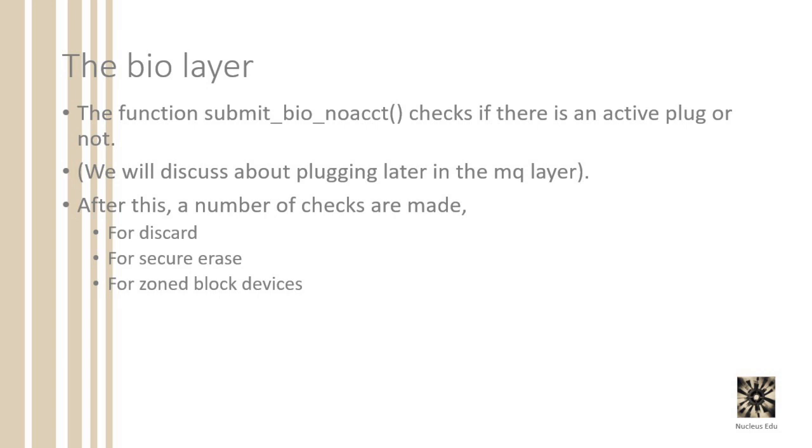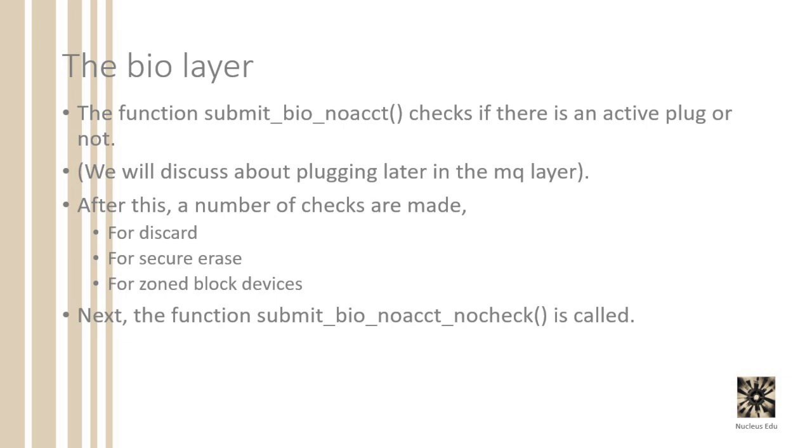For example, whether zone append is only allowed when the IO is at the start of the sequential zone, whether the bio is small enough and does not cross zone boundaries, these kinds of small checks. Once that is done, the function then calls submit_bio_noacct_nocheck. This is where we see the hint of the first major feature of the bio layer, which is recursion avoidance. Let's delve into that.